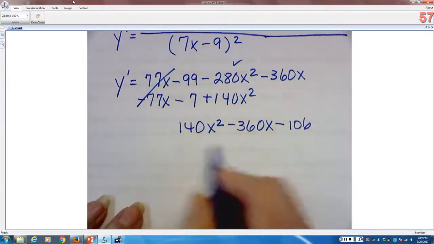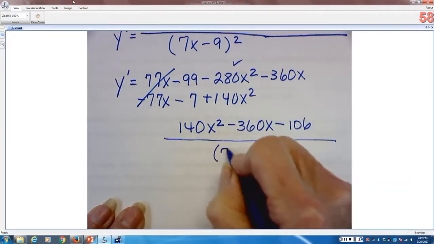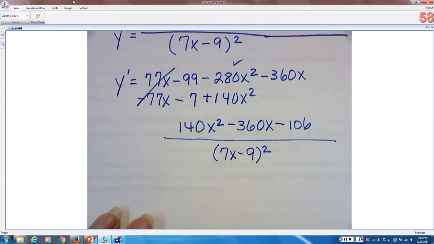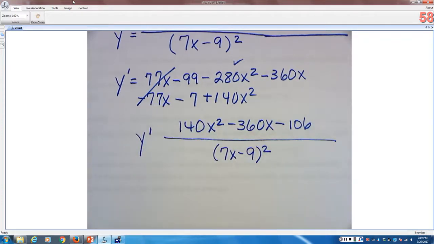And there's your numerator, all over 7x minus 9 squared. So that does look a little bit better. You might be able to factor the numerator and factor out something from the denominator, I don't know. But I think that answer looks just fine.